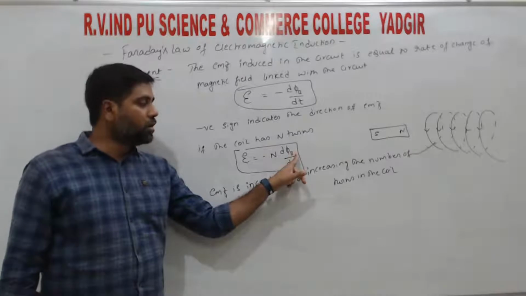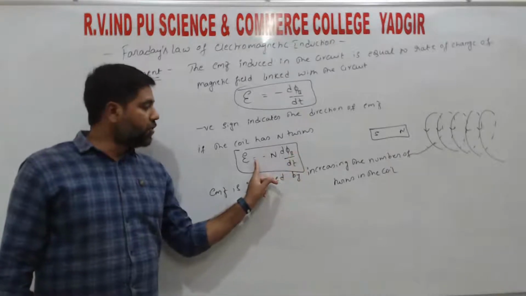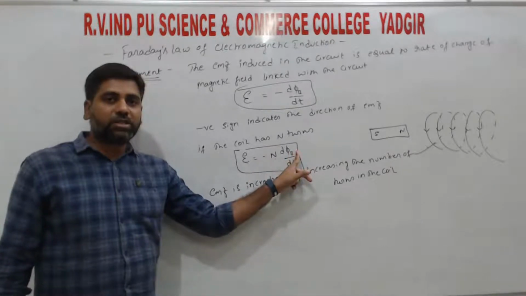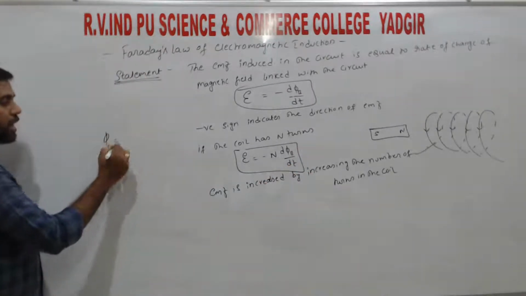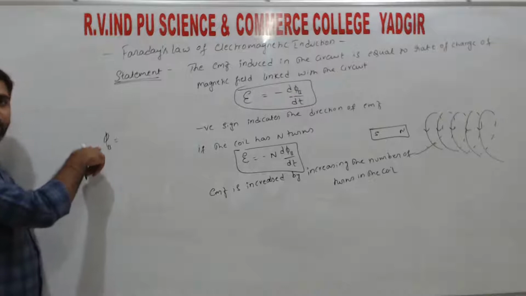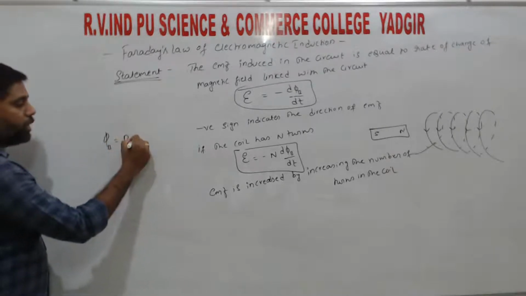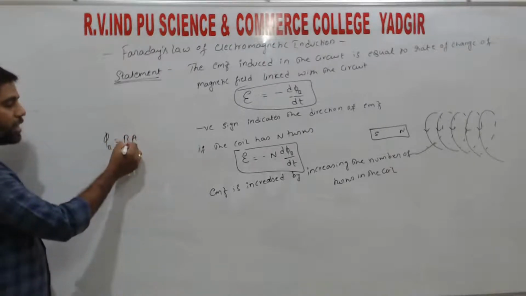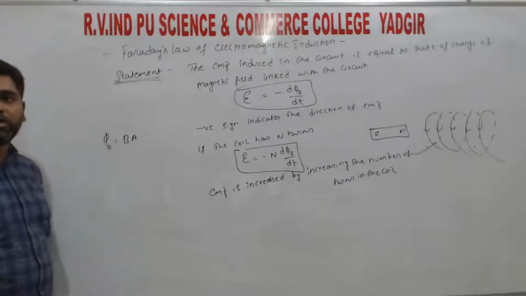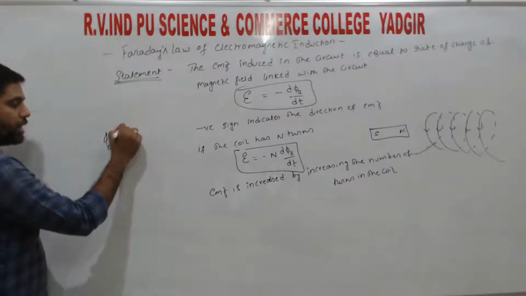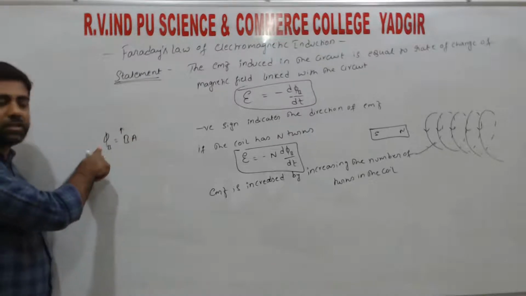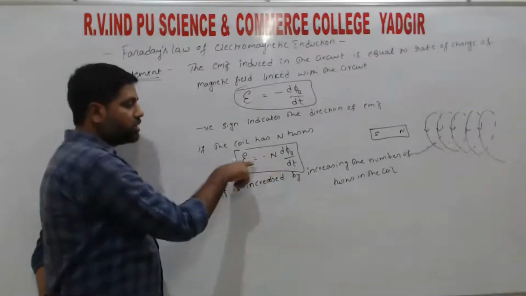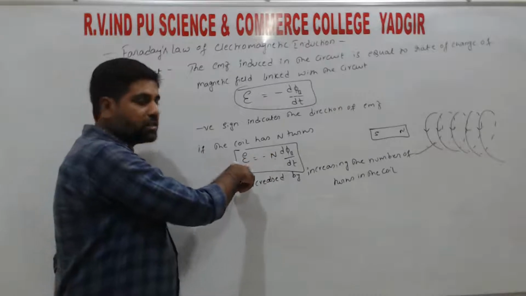So the next one is the magnetic flux. Its EMF is directly related to the change in magnetic flux, that is ΦB, right? So ΦB is the magnetic flux and it has the relation B times A, where B is the magnetic field and A is the area of cross section, right? So if we increase the magnetic field strength, the magnetic flux also increases. If the magnetic flux increases, the EMF also increases, right?